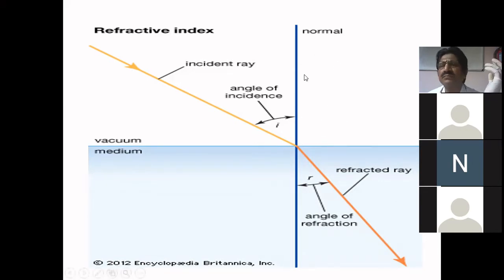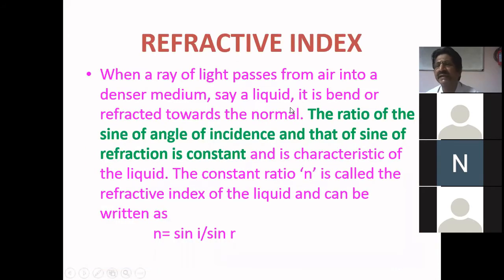Now this is what is called, once again, the refractive index. This is also only a 2 marks, simple definition. The ratio of the sine of the angle of incidence to the sine of the angle of refraction is a constant and is characteristic of the liquid. This constant is called the refractive index, and it is represented as sine i by sine r.